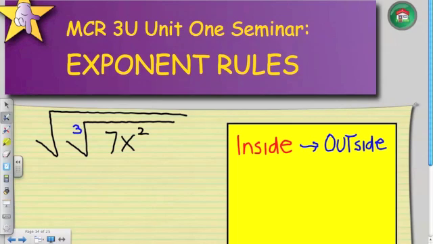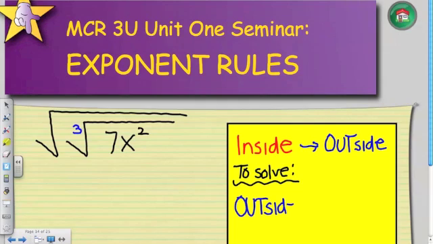However, when it comes to solving, we have to do the opposite. We're going to start from the outside and we're going to move towards the inside.